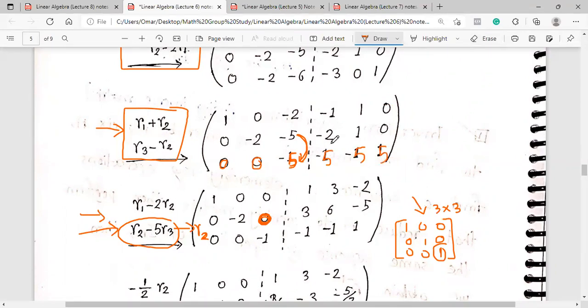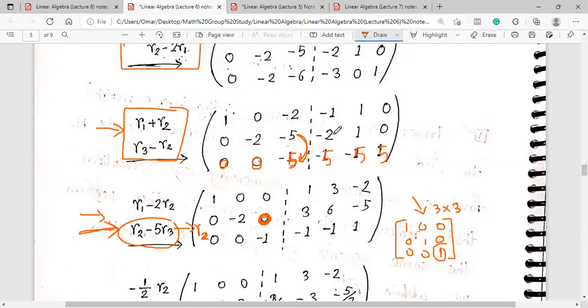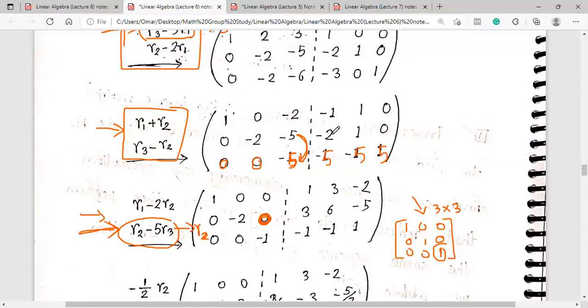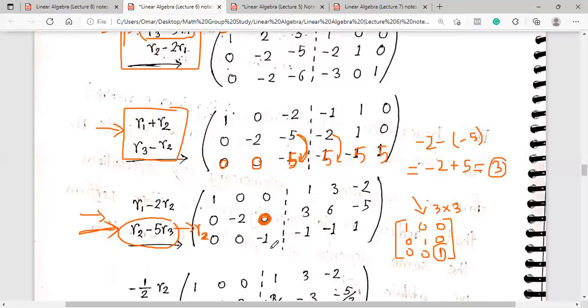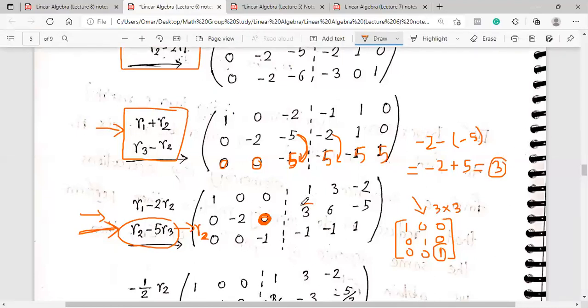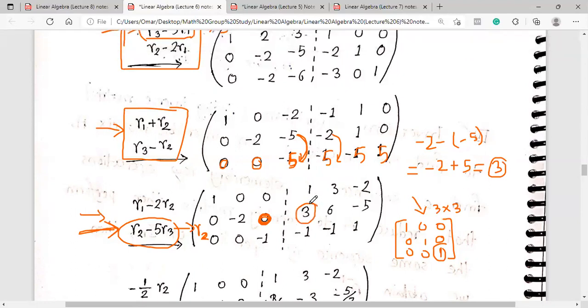And now if I just do this operation, that means R2 minus 5 into R3, so if I subtract the third row from the second row, -2 minus -5 will become -2 plus 5, or we can say +3, right? We are substituting the value on the second row. That's why I write down +3.